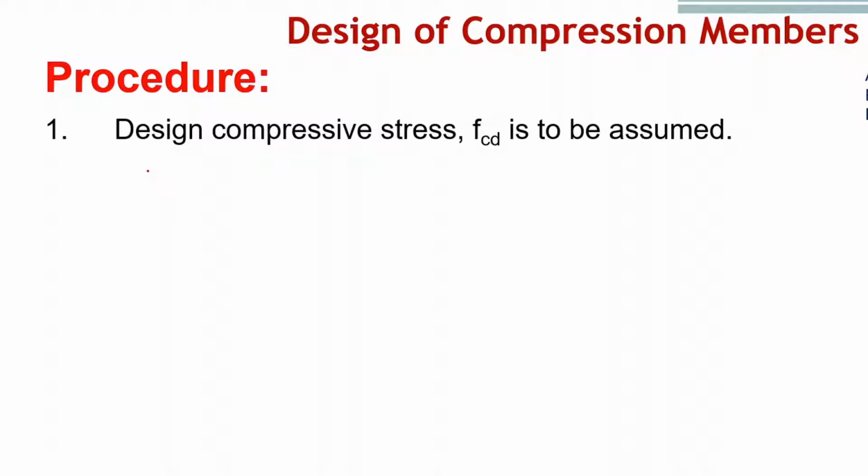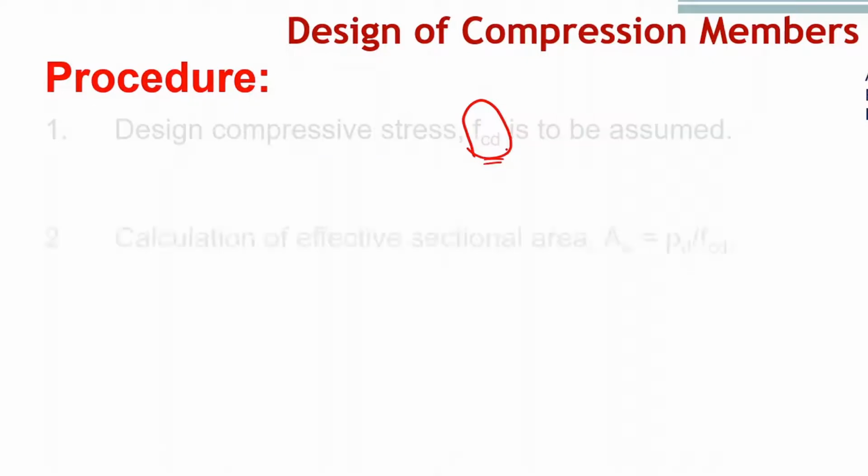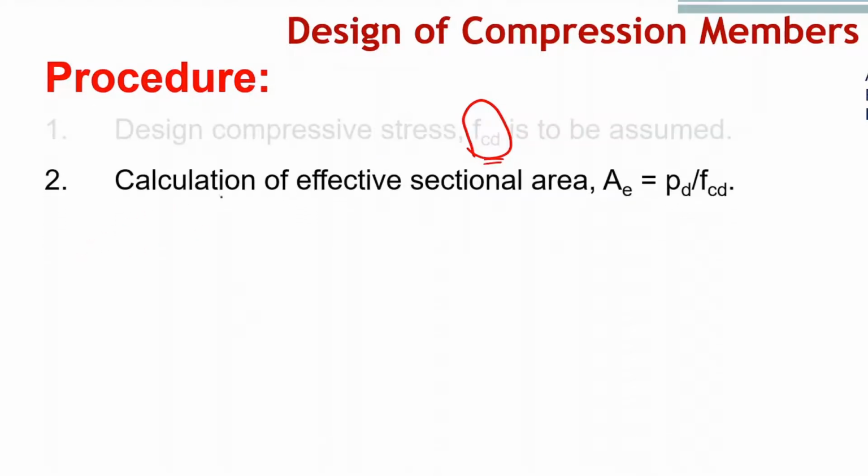For selecting a section, you need to assume the design compressive stress FCD. If you know the design compressive stress, then you can calculate the effective sectional area AE. Load is equal to area into design compressive stress.